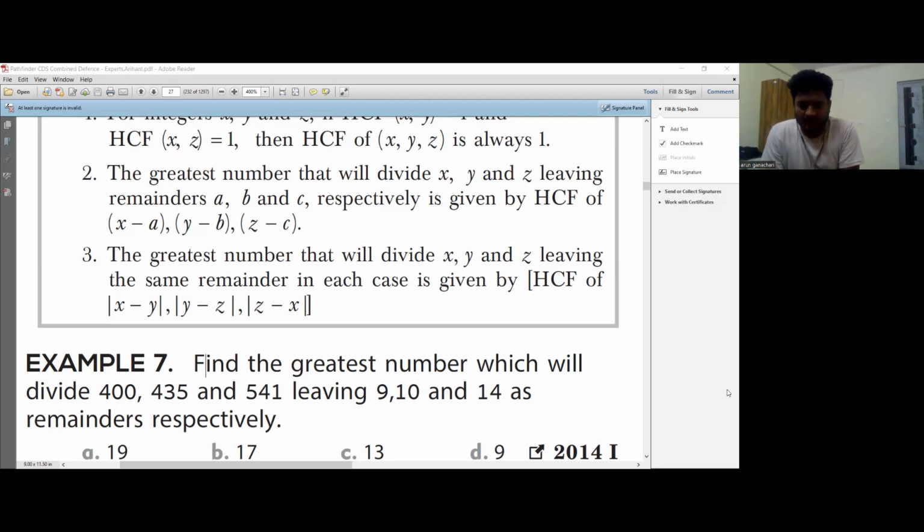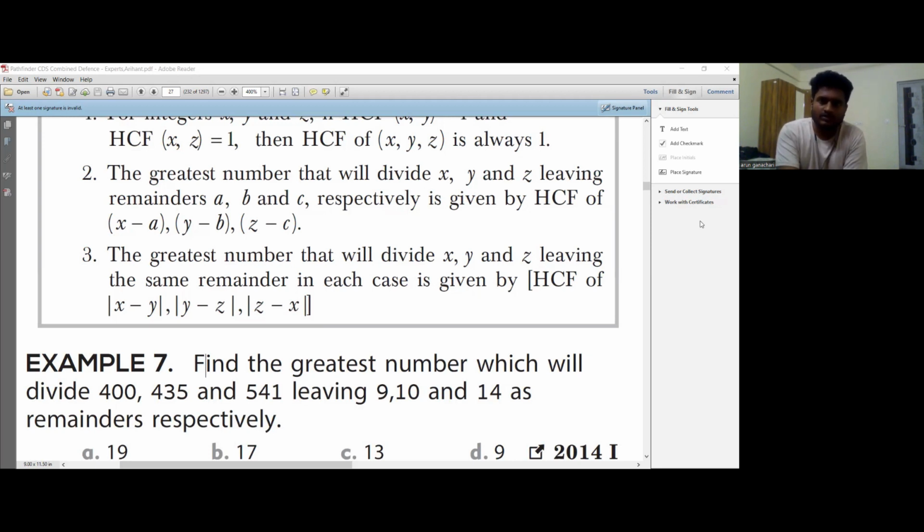Find the greatest number. Again, they have given you the hint. Find the greatest number which will divide 400, 435, and 541, leaving 9, 10, and 14 as remainders respectively. So what do we have to do here?